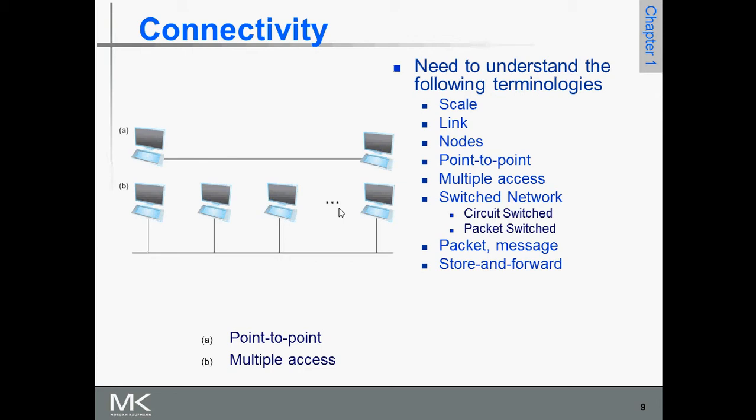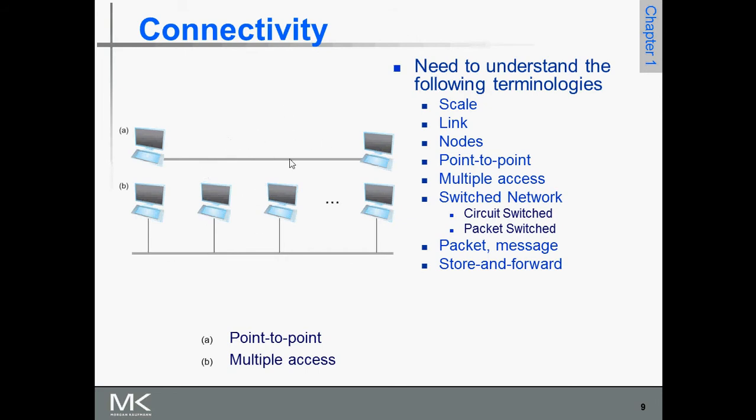What is meant by a link? A link is nothing but the physical medium. This line is the physical medium that connects two computers. That is called a link. So the link is nothing but a physical cable. A physical cable may be a coaxial cable, or it may be a twisted pair cable that connects two computers.